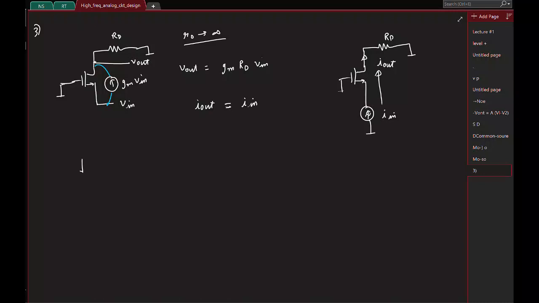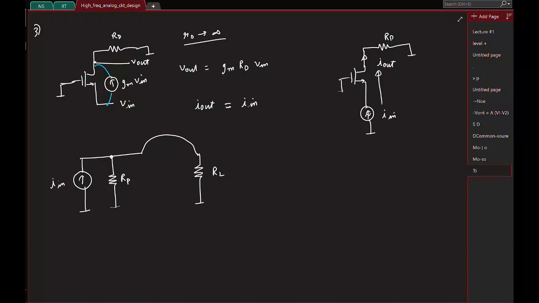Just like with the voltage source, we have an input current I in, it will have its own parallel resistor, right? So now if you want to transfer this current completely to a load resistor RL, this is a trivial way to do it, right?